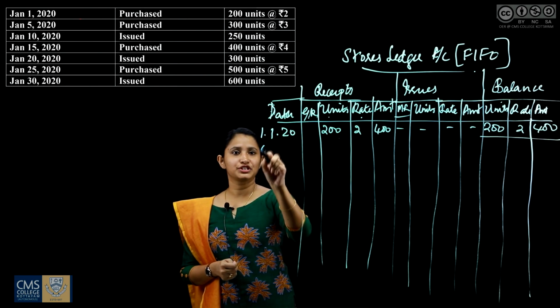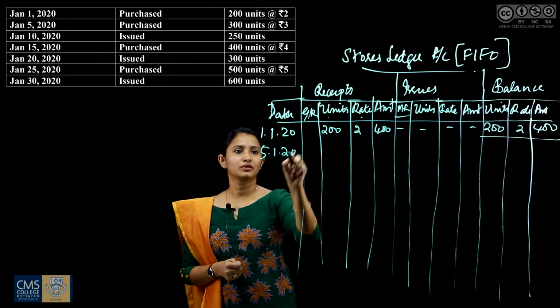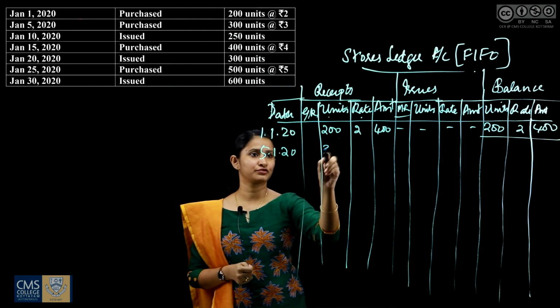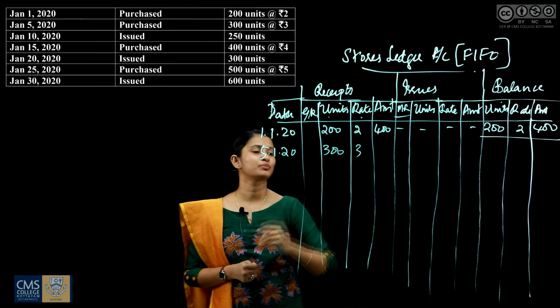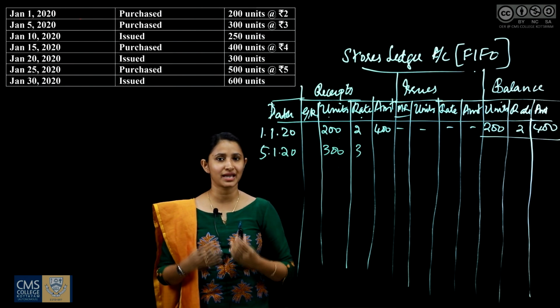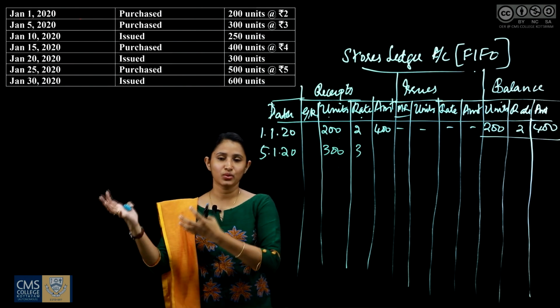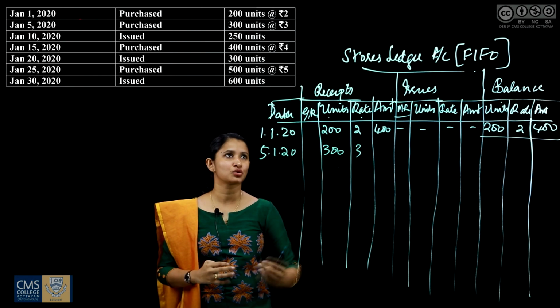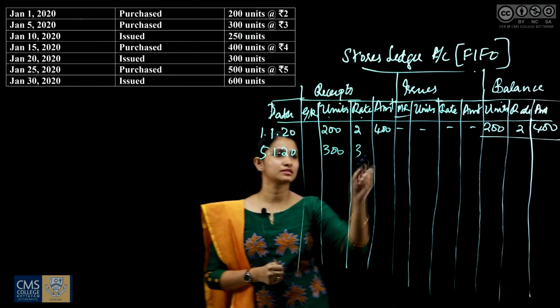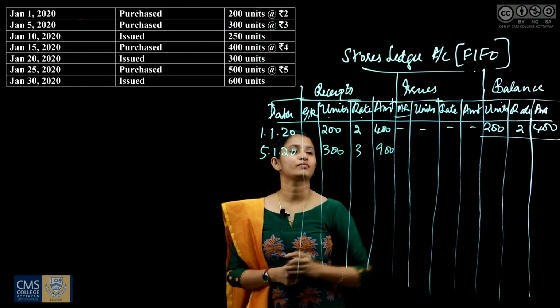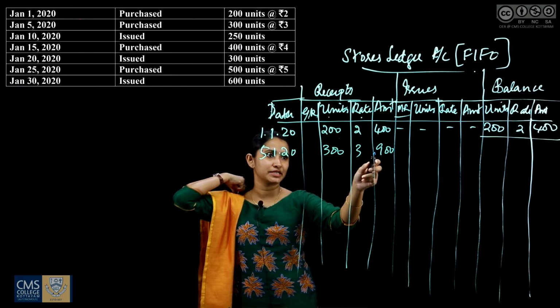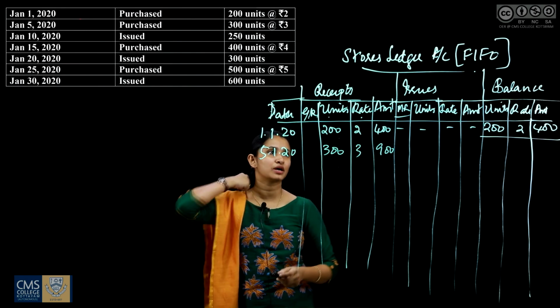And then on 5th January, we are making another purchase of 300 units at 3 rupees per unit. Because we are purchasing, we are receiving materials into our stores, that is why it is entered in the receipts column. So we bought materials worth 900 into our stores.